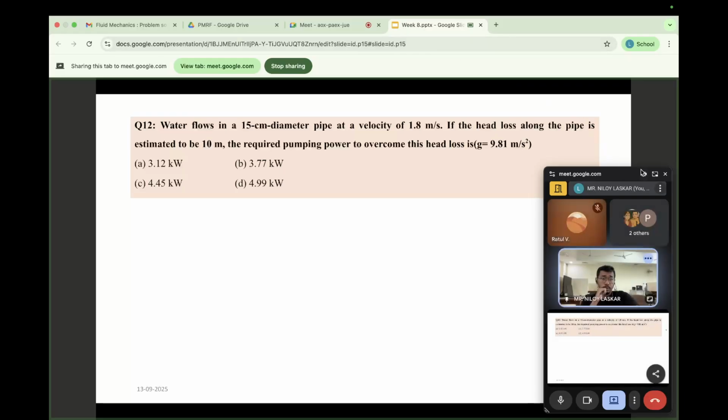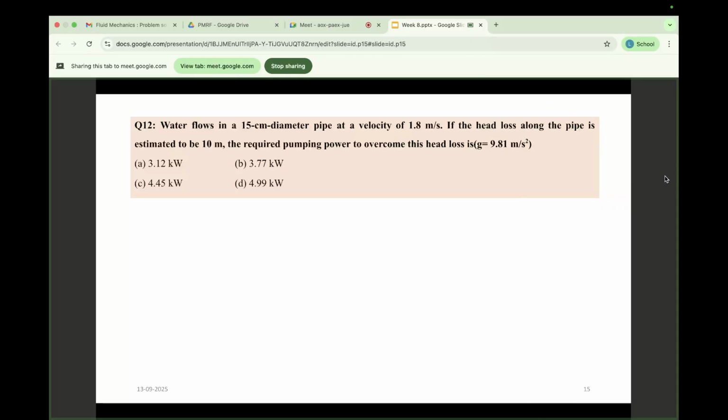Okay, I am solving this one for you all. As I have said, you know these two formulas of power. Power is change in pressure into flow rate.